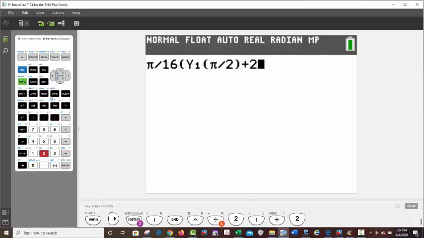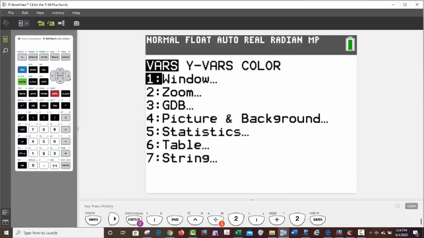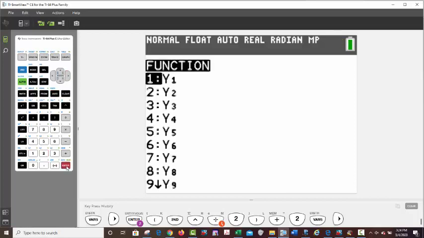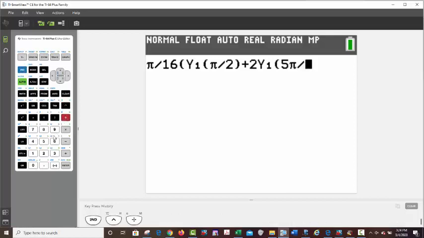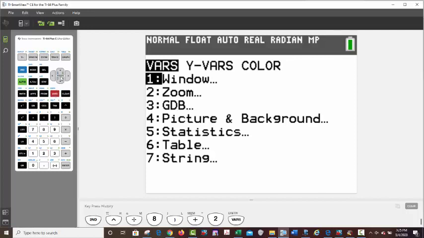I'll do it without the times this time. I don't think I really needed the times. Well, we'll find out, won't we? This will be 5 pi over 8. I'm just moving the mouse pad along here, so it's kind of slow this way.